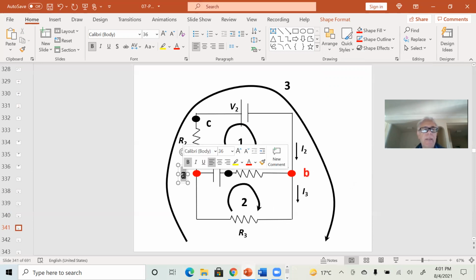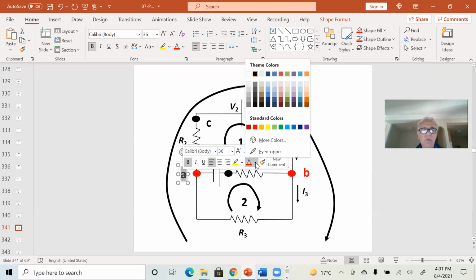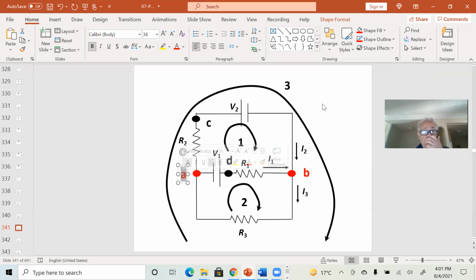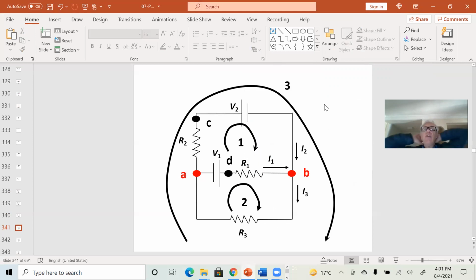So we have 3 loops and 2 nodes. Each loop and each node are going to provide us with an equation. In the previous problem, we had just one loop and 0 nodes.